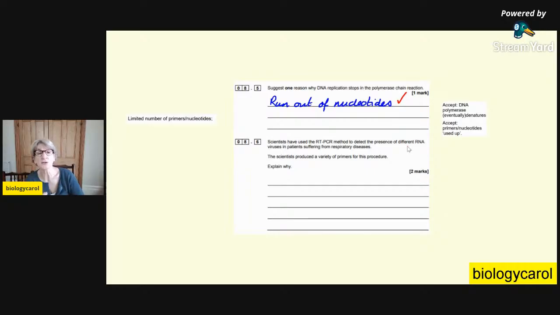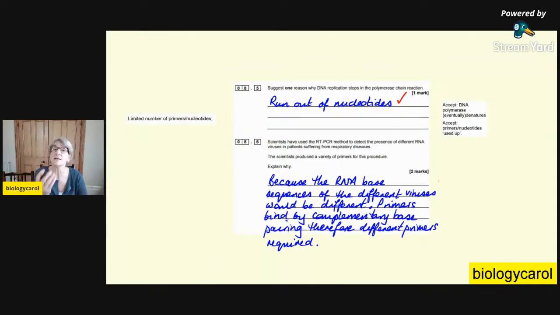That is because the RNA of the viruses will have different base sequences because they're different viruses, and therefore they will need different primers. And here I suddenly realized where the second mark point was, because primers bond by complementary base pairing. So there we go. There's my answer.